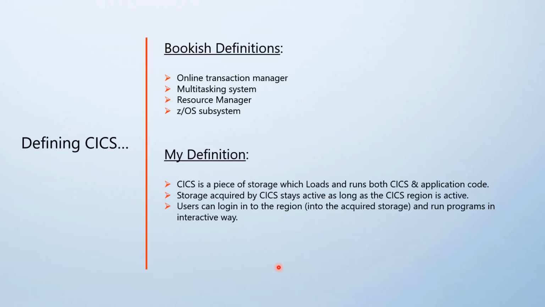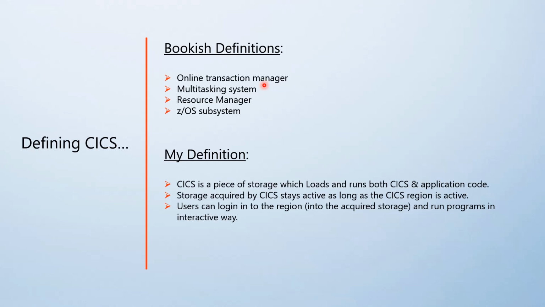Okay, how do you define CICS? So all these definitions are true, and in most of the CICS books you see they refer to CICS as an online transaction manager. Anything and everything in CICS runs as a transaction.